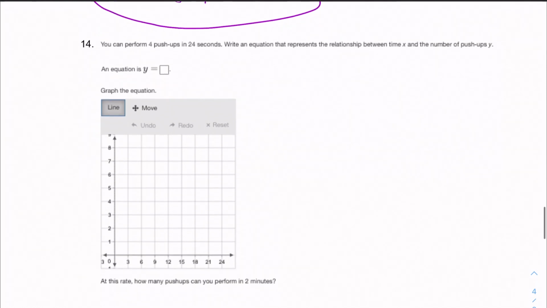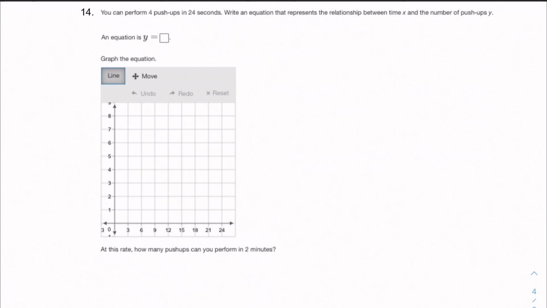Moving on. You can perform 4 push-ups in 24 seconds. Write an equation that represents the relationship between time, x, and the number of push-ups, y. Graph the equation. At this rate, how many push-ups can you perform in 2 minutes? All right, this was kind of a doozy, so let's go for it. If you can do 4 push-ups in 24 seconds, that is 4 push-ups over 24.